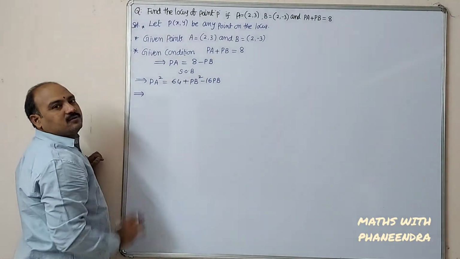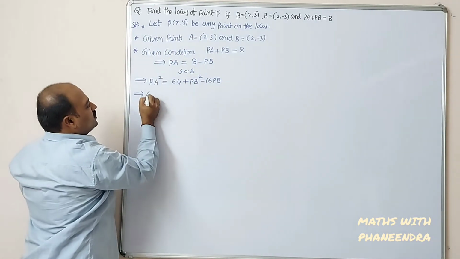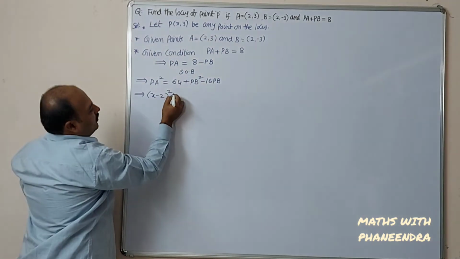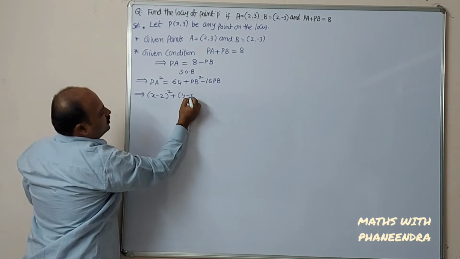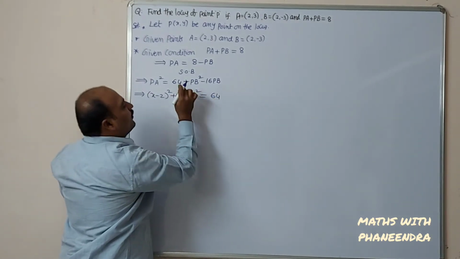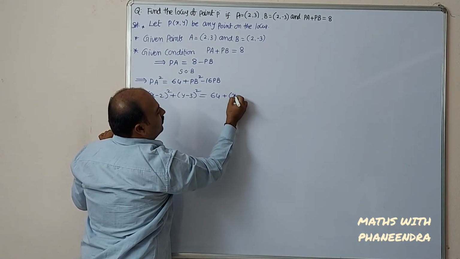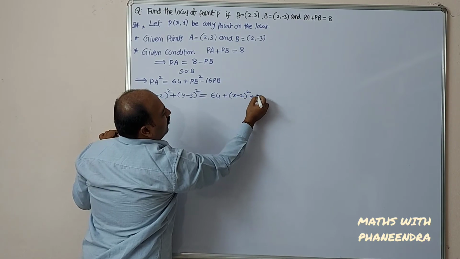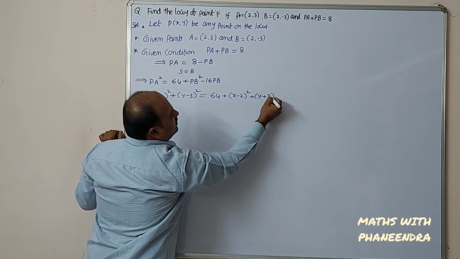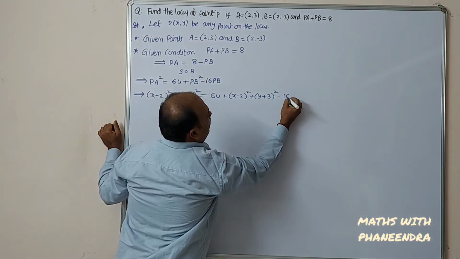PA square, distance between P and A. So (x minus 2) whole square plus (y minus 3) whole square. PA square completed, equal to 64 plus PB square, (x minus 2) whole square, (y minus of minus 3), (y plus 3) whole square, minus 16 PB.